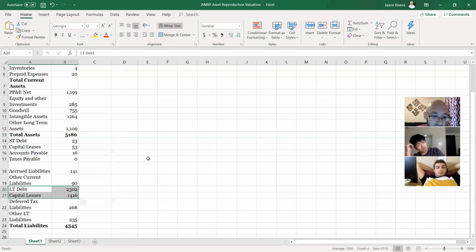This also means, from a real world perspective, as a total business owner, that this is $3.7 billion. Most of your capital is tied up in long-term debt and capital leases. This is the same for McDonald's. These are things you have to pay over time.